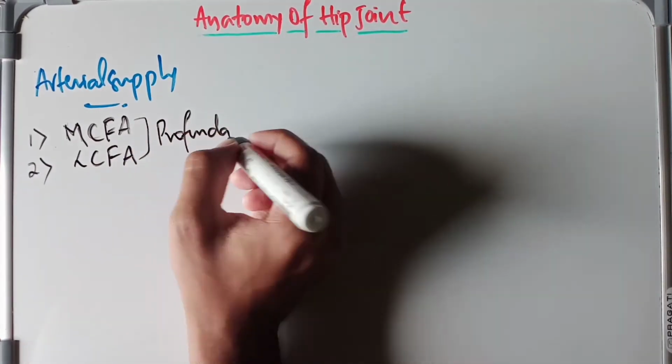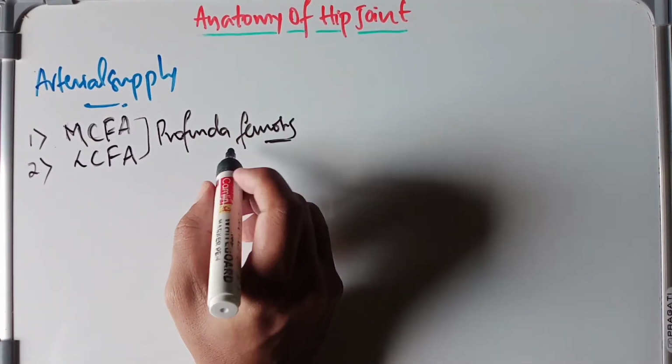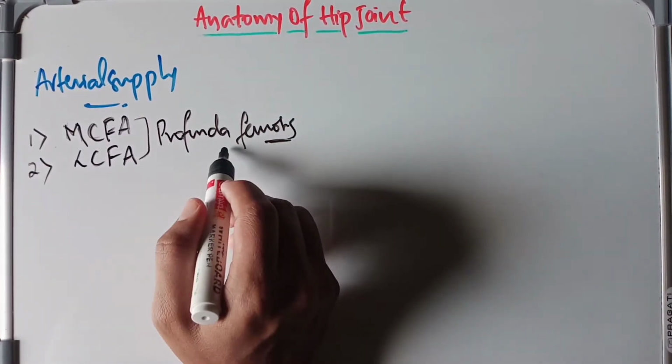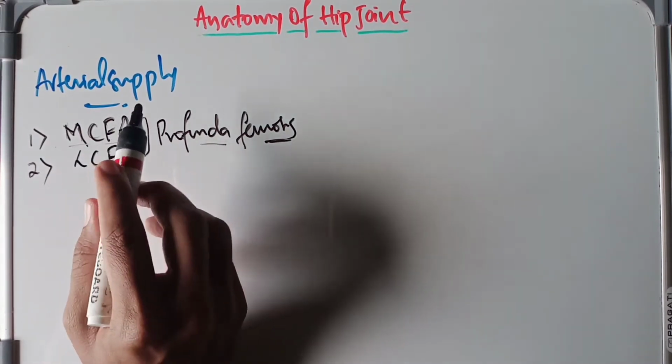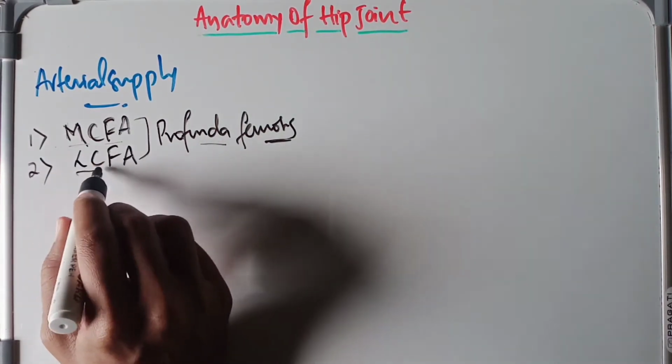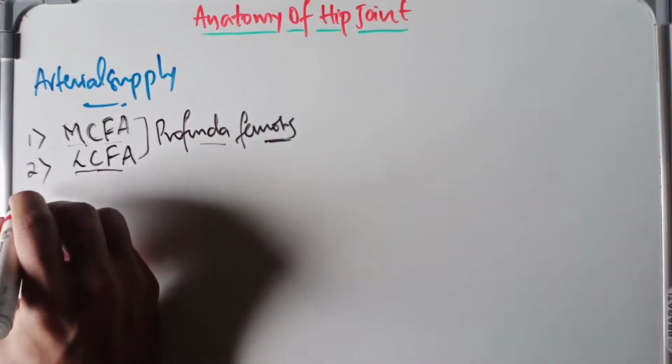Profunda femoris is a branch of the femoral artery. So from the femoral artery we have the profunda femoris artery, which gives two branches, the medial circumflex femoral artery and the lateral circumflex femoral artery, and these two arteries supply the hip joint.